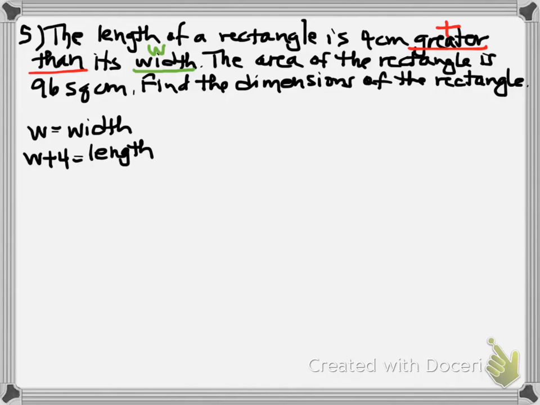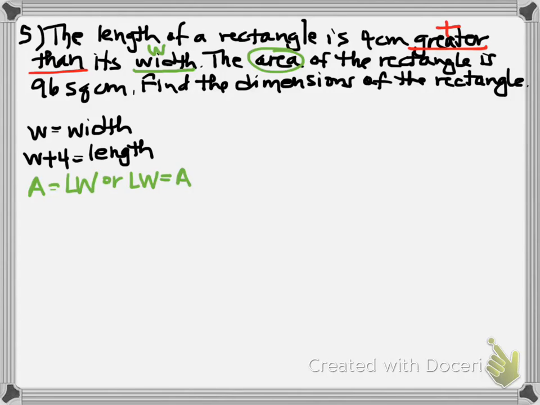Next thing it starts talking about is the area. And the area is a formula that we're going to use. And that's how we're going to get our equation, is from the formula. And remember what that formula is for area of a rectangle. Area equals length times width, or length times width equals area. Either one is fine. Now this one mentions what the area actually is.